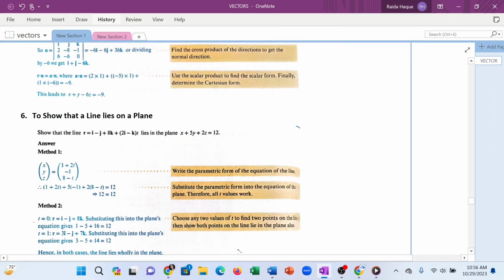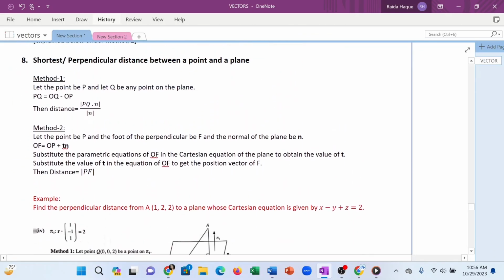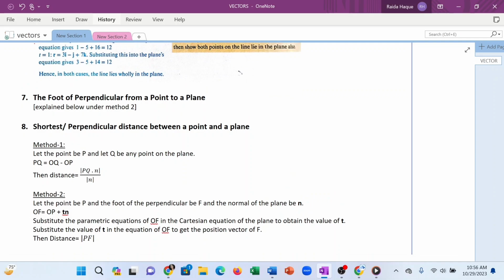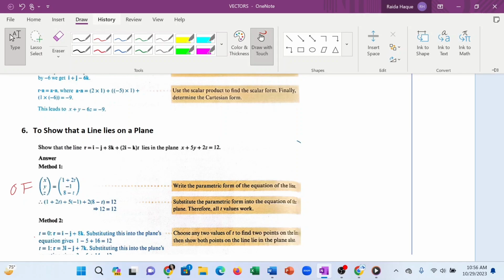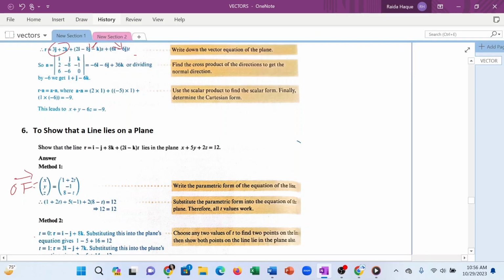So in this case, for example, you need to plug back the variables of OF, right? So let's say this is OF and you have this parametric equation for OF where the variables are separated, and then you plug this back into the equation of the plane and you will get what there is to find.